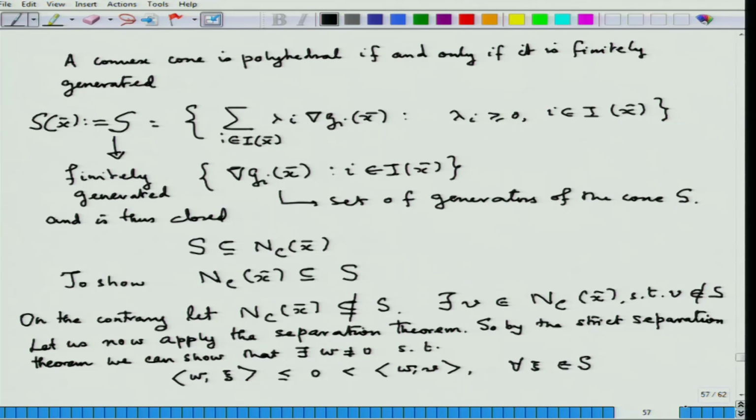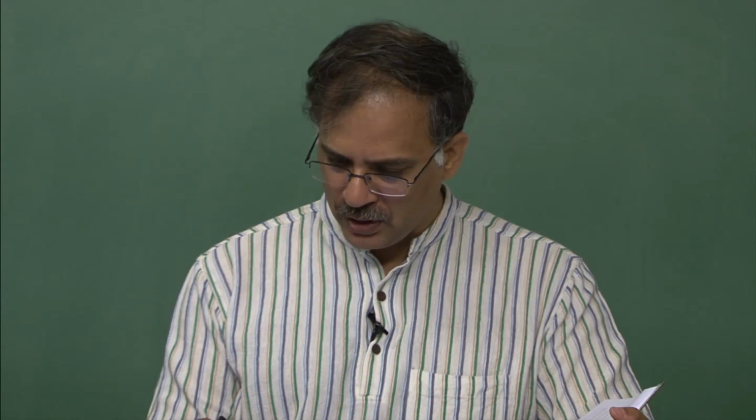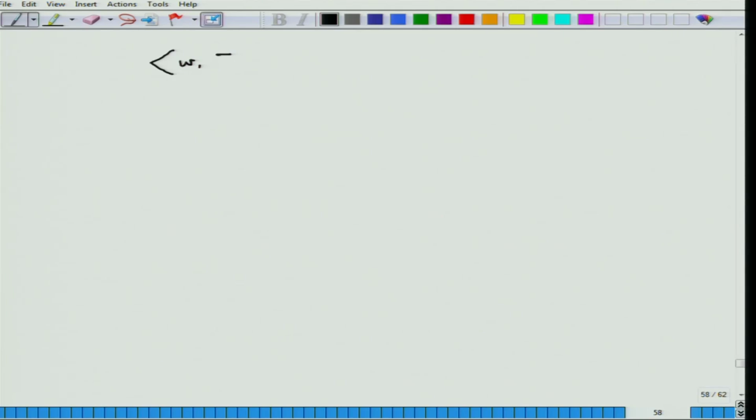Now, let us see where we go. Now, which means my W of xi is less than or equal to 0 for all lambda i greater than or equal to 0 and i belonging to I of x bar. This is what you have straight away.